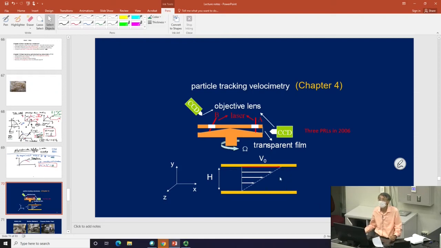This gap, H, is 1 millimeter in a typical scenario. 1 millimeter, of course, is very tiny. Your naked eyes can't see anything. So what do you do in order to see it?